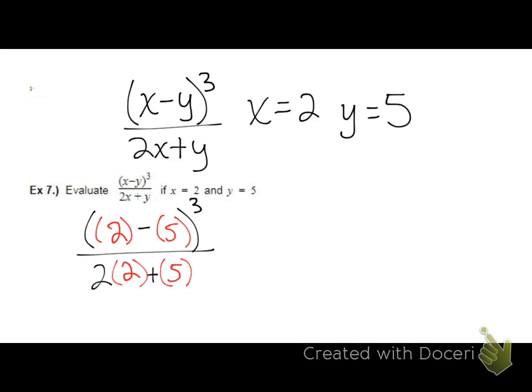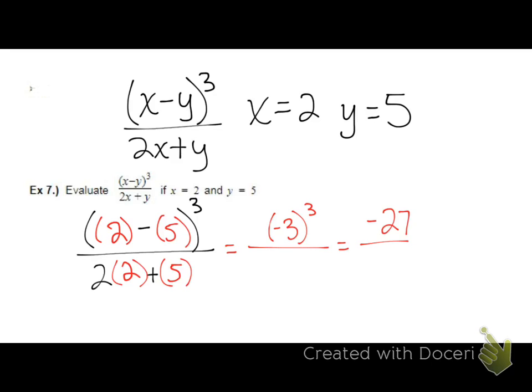Okay, let's do the top first. In the numerator, start inside your parentheses. 2 minus 5 is? Negative 3. Negative 3 cubed. What's 3 times 3 times 3? 27, so a negative times a negative makes that a negative 27.